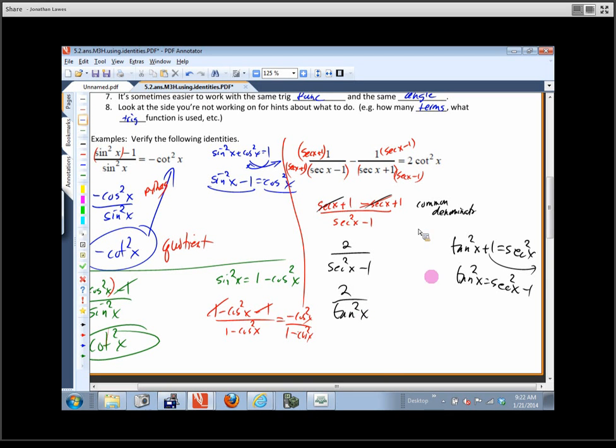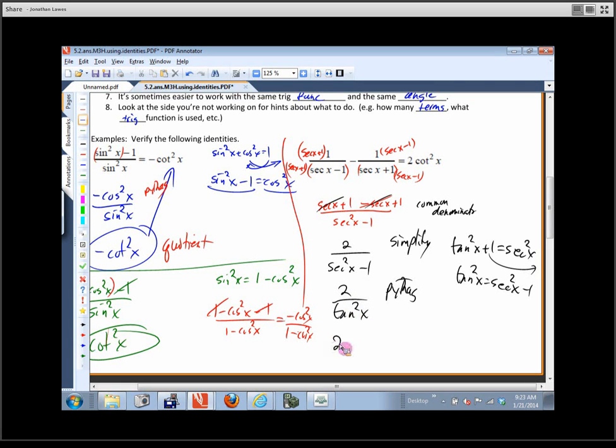So common denominator, maybe write simplify here, and then Pythagorean identity. And then what's next? Are we there? What's 1 over tangent? Yeah, it's cotangent, right?